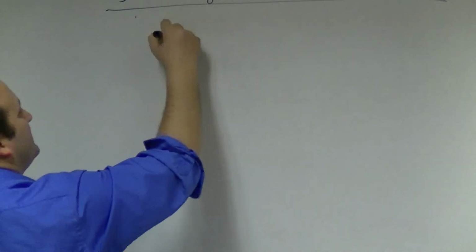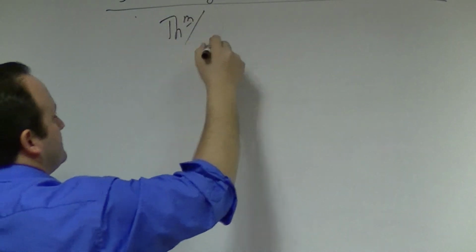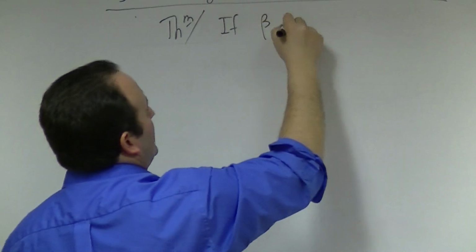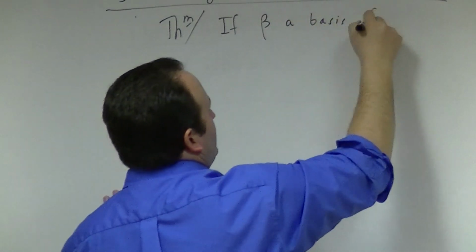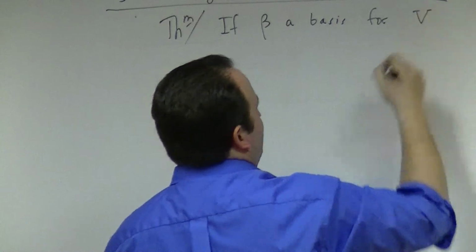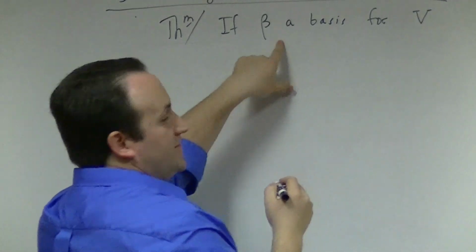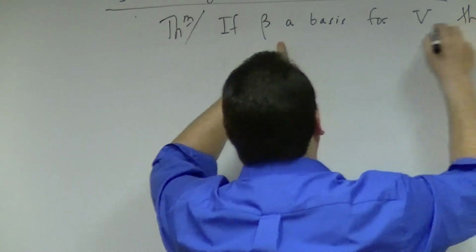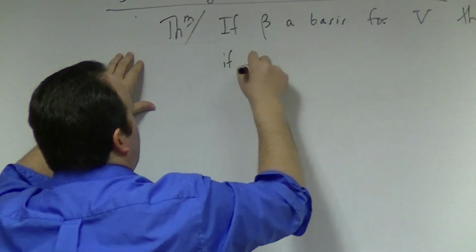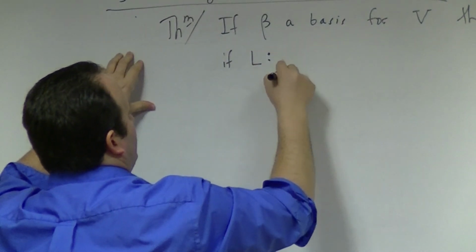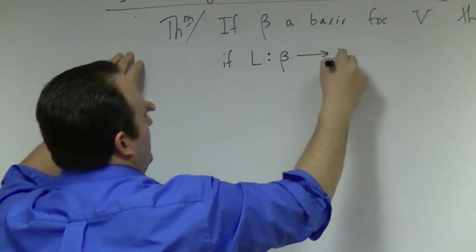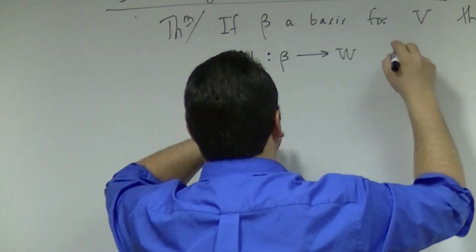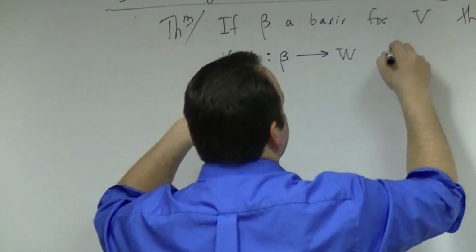So here's the proposition theorem. If you have beta, a basis. You're like, ah, basis, finally back to that again. If beta is a basis for a vector space V, then if L tilde is a mapping from beta to W, so a function, right?